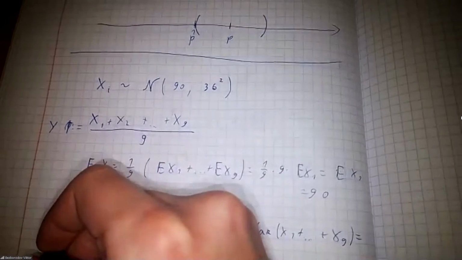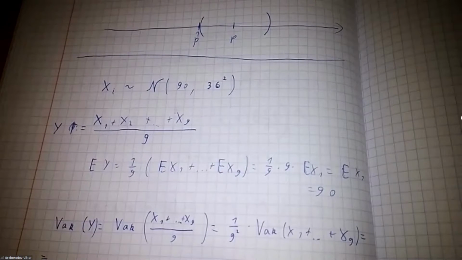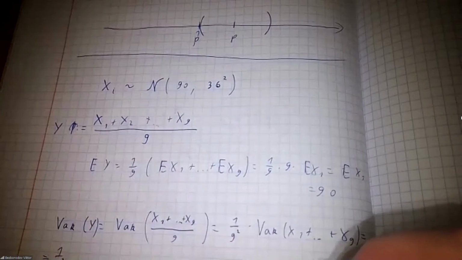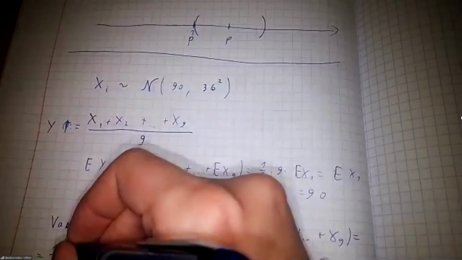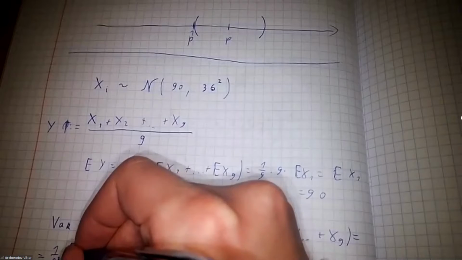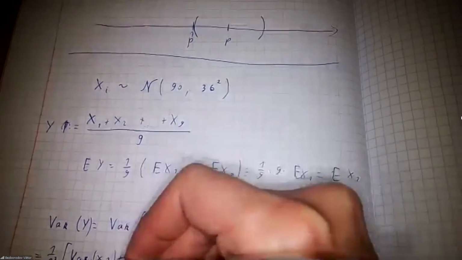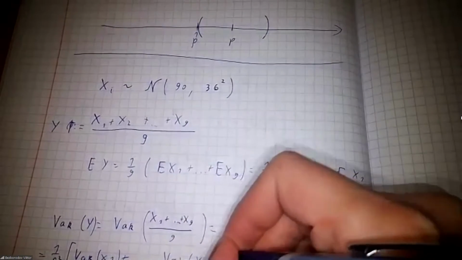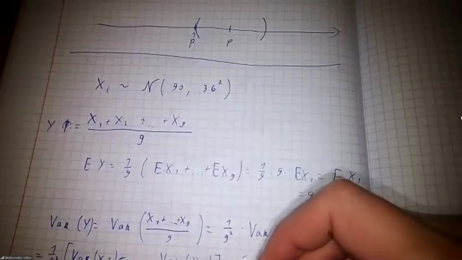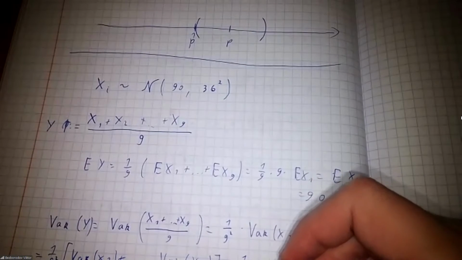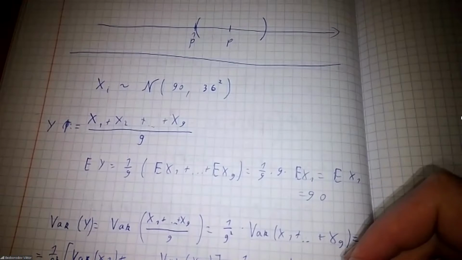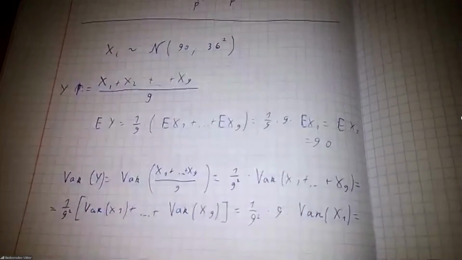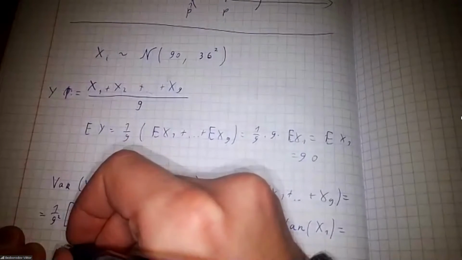Since the variables are independent, the variance of the sum equals the sum of the variances. But they're all the same, so this is going to be 1/9 of the variance of X1.